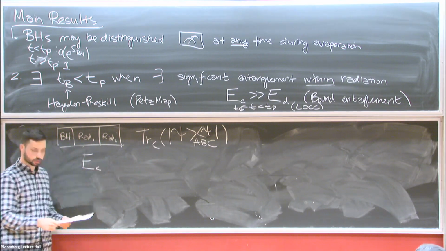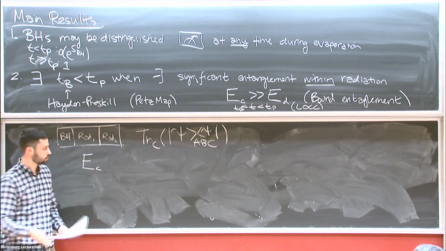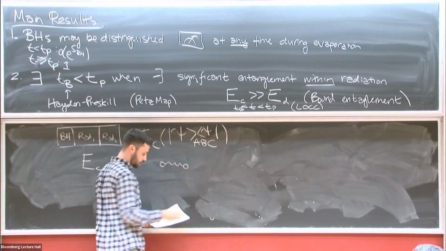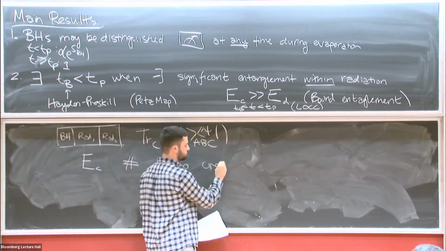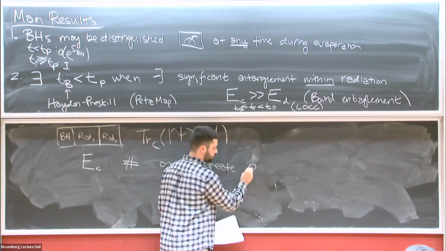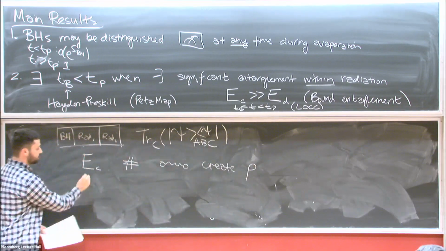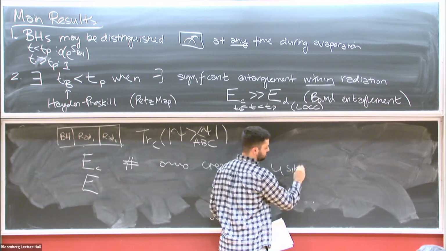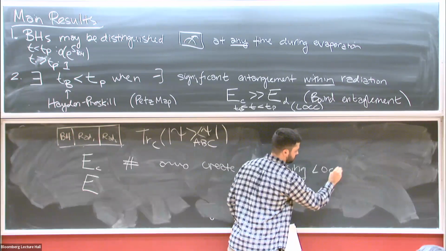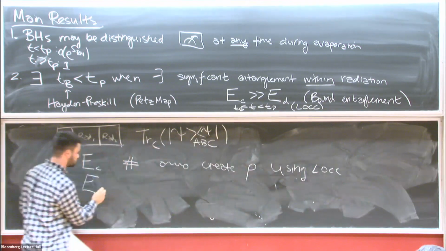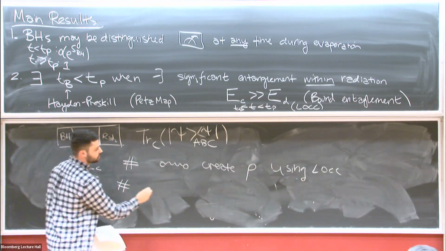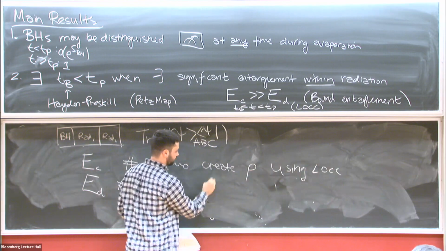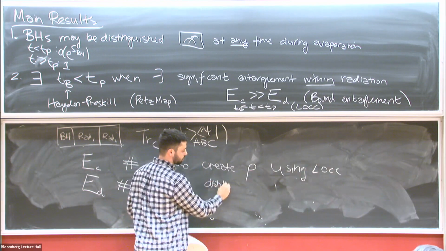So I'll redefine these 2 quantities: the entanglement cost, which is the number of Bell pairs needed to create the state, and the entanglement of distillation, which is the number that can be distilled using LOCC.